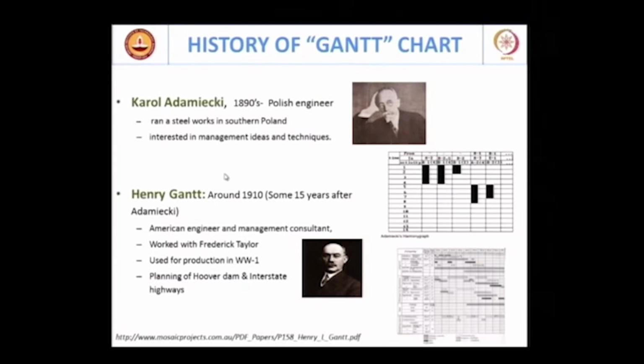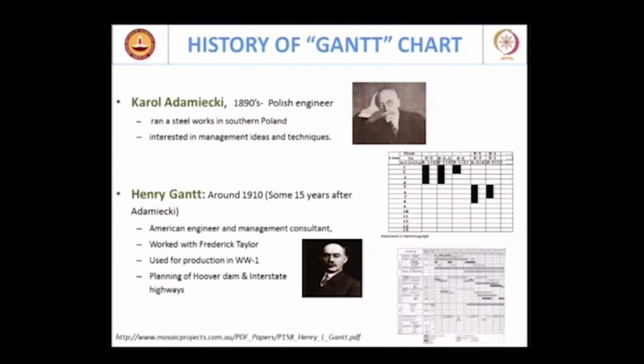So it was only around 1910 that Henry Gantt came out with what we use today, called the Gantt or the bar chart. Obviously what came out of Eastern Europe was not in English, so the English speaking world didn't take to it, and what Gantt came up with was in English, and so we associate this chart with the Gantt chart.